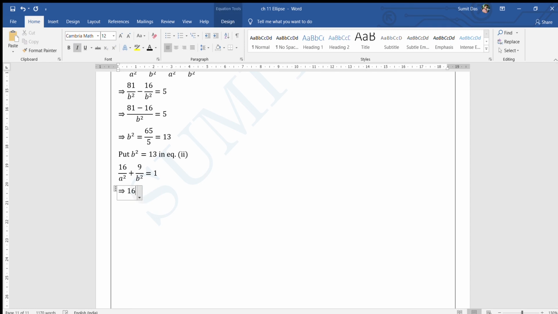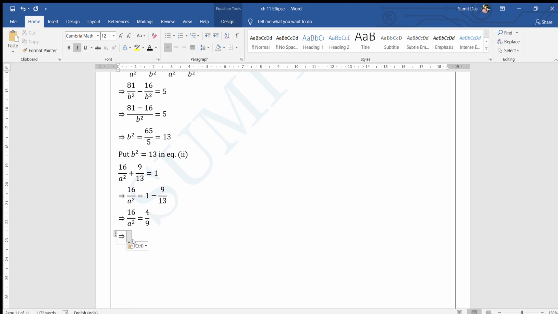Okay, it will be 16 by a square. Here now I put 13. The next line it will be equal to 1 minus 9 by 13. Which is next line, it will be 16 by a square equal to 4 by 9.